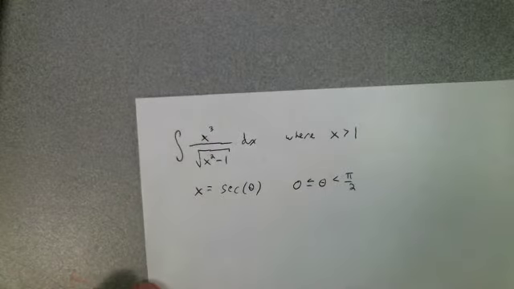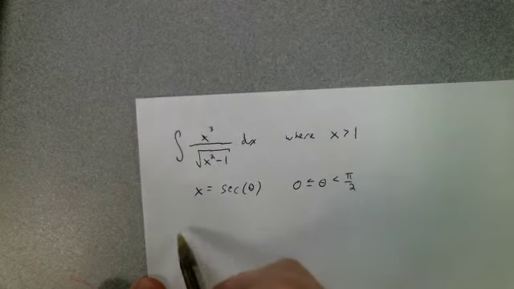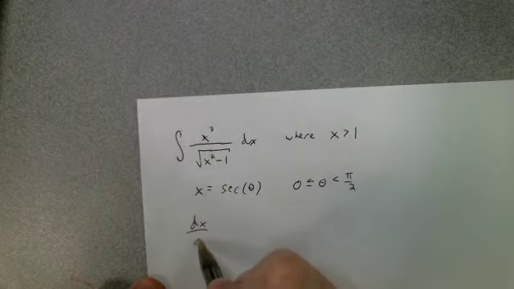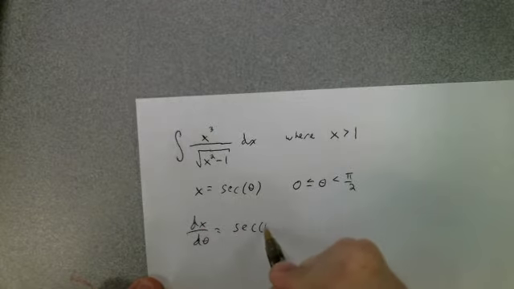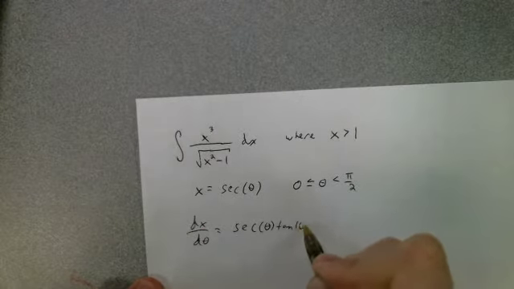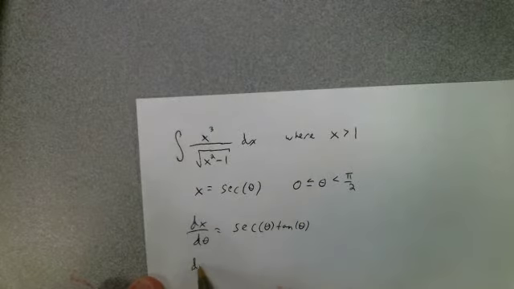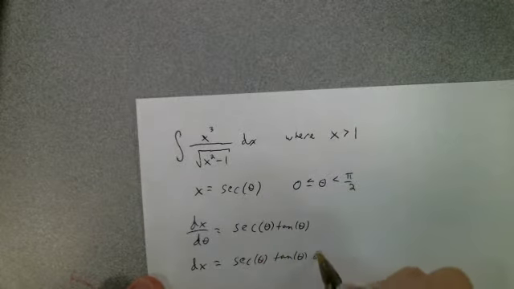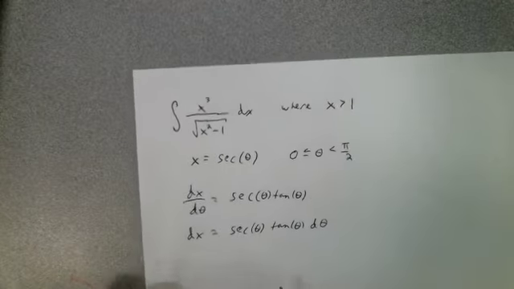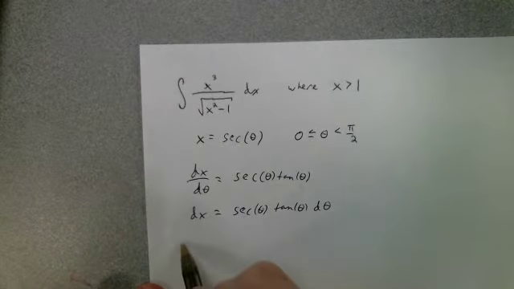All right, now look what happens. Take derivatives: dx d theta is, derivative of secant is secant tangent. Multiply both sides by d theta. I get dx is secant theta, tangent theta, d theta. And now I just replace stuff in my integral.